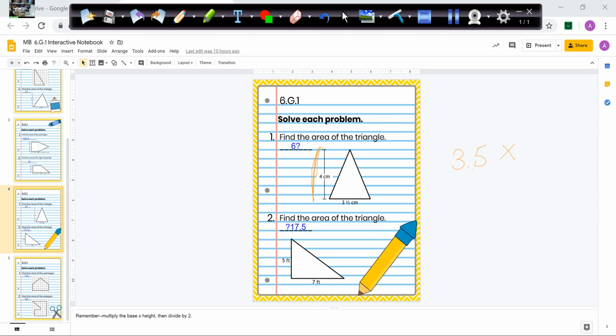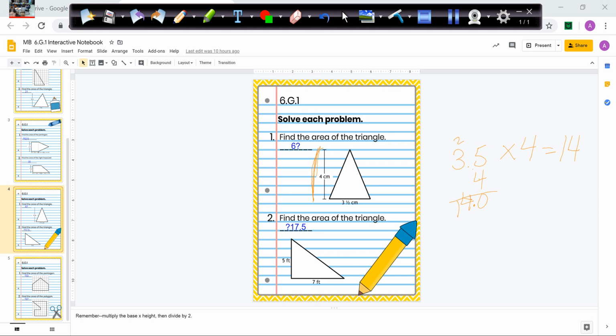So 3.5 times 4. There goes my crazy 4 again. Okay, so that gives us 14. 3.5 times 4 equals 14.